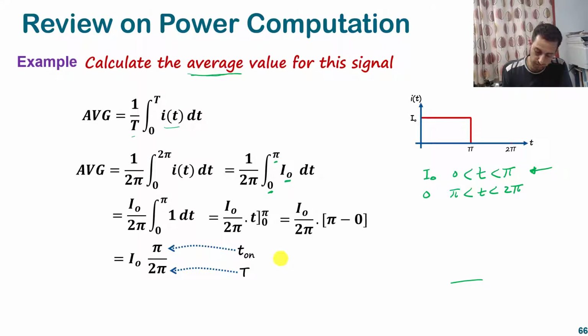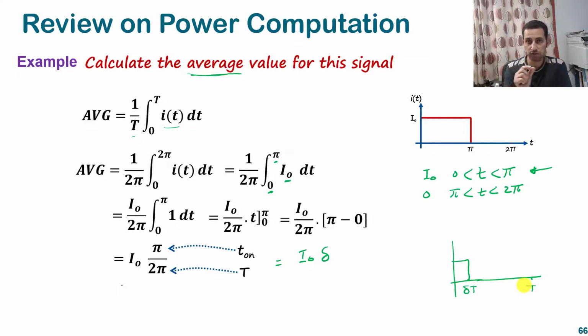Really this will finally equal I naught multiplied by delta, where delta is T on divided by T. So I can say that if I have any signal whose on time is delta T and it has a period of T, like this.